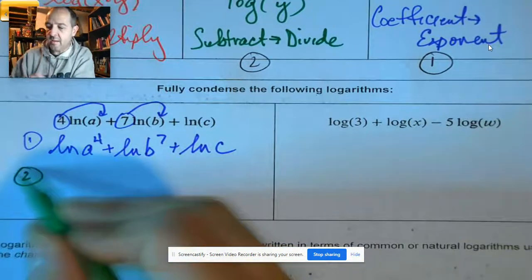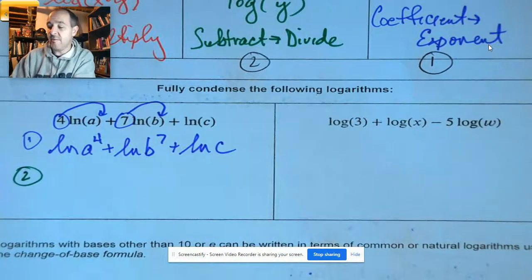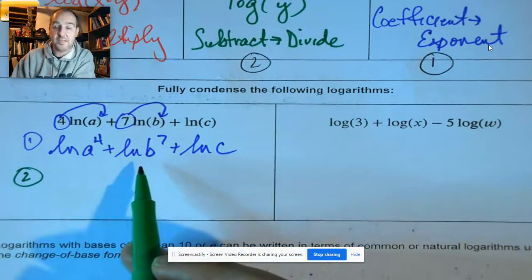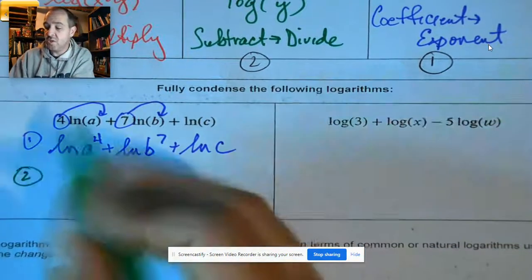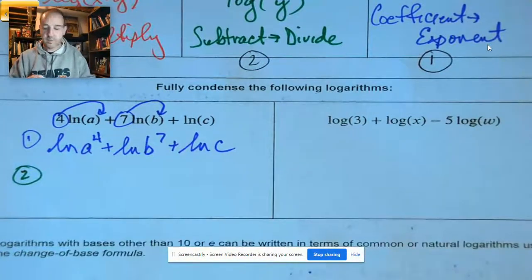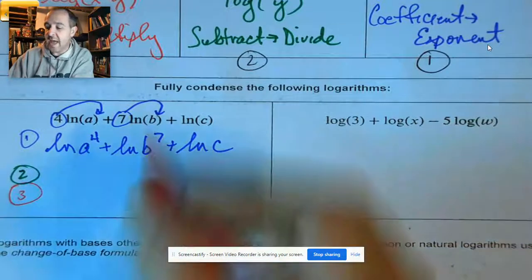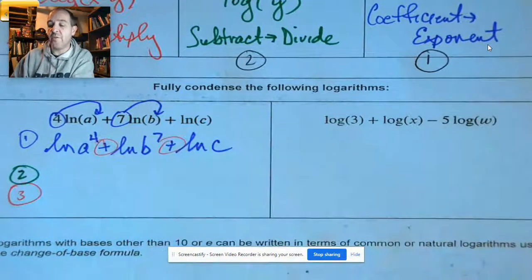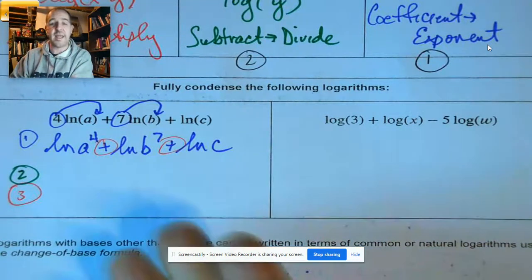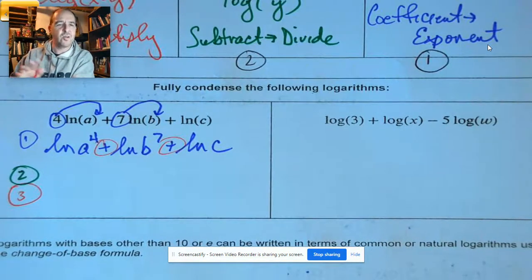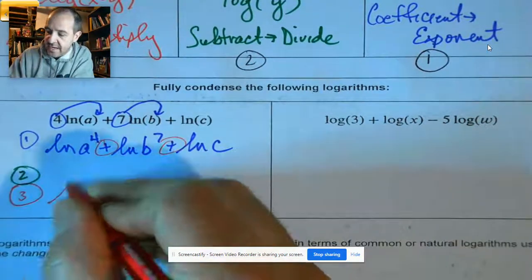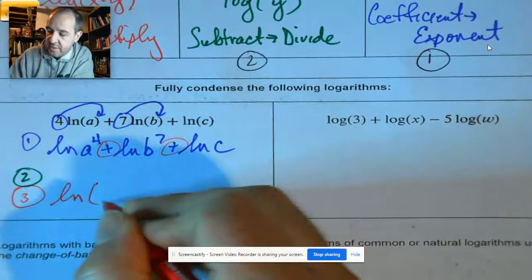Once we get that set, if there would have been subtracting, we'd have done that next. There's no subtracting, so really there is no step 2. If there's adding, there is, that becomes multiply. Now remember, we're trying to get this down to a single logarithm, or a single natural log in this case. So you've got options here. If we're trying to get it all set at once, here's what I would do.